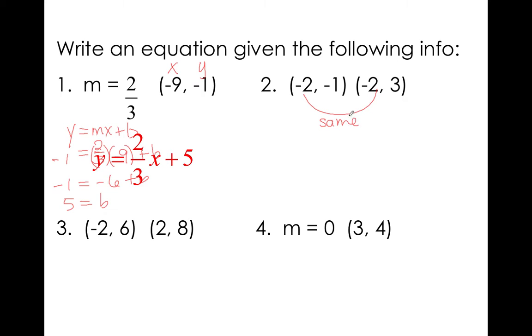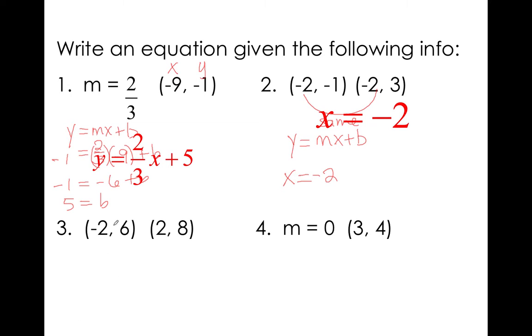And whenever I have a vertical line, that means that even if I write y equals mx plus b, a vertical line has what we call an undefined slope. And when we say an undefined slope, that means that we have the same x values, which means that we're going to actually have x equals, and whatever the x value is, which in this case is -2. All right? And so we get x equals -2.